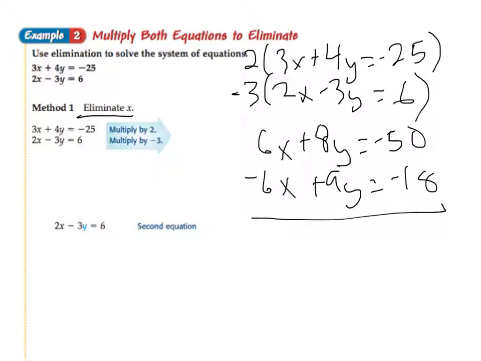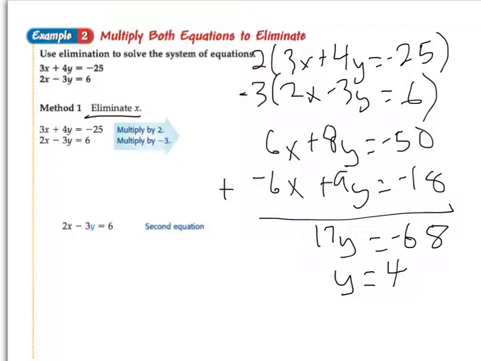And then we are going to add, because 6x plus negative 6x is 0. 8y plus 9y is 17y. And then negative 50 plus negative 18 gets us negative 68. We divide by 17, and then we get y is equal to negative 4.